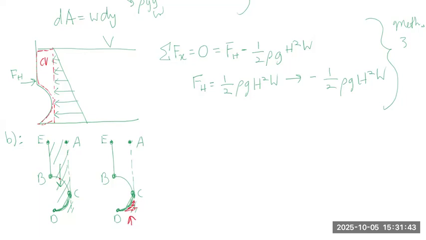So these are equal and opposite. Basically, this region over here and the force it exerts on CD is equal and opposite to this little volume of water and the force it exerts on CD.